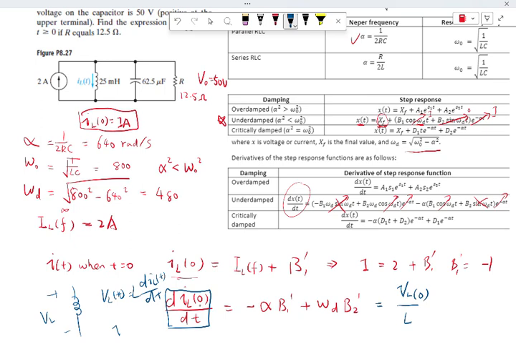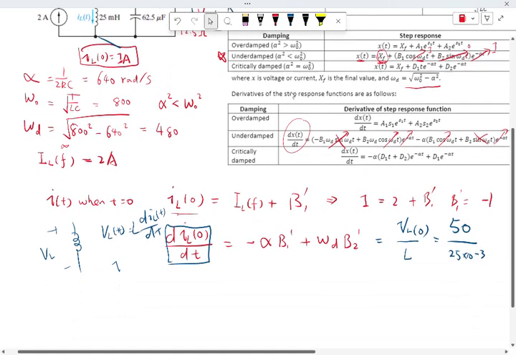This is the initial condition. So the initial voltage across the capacitor is just 50. So this equals 50 divided by L. L is 25 multiplied by 10 to the order of -3.